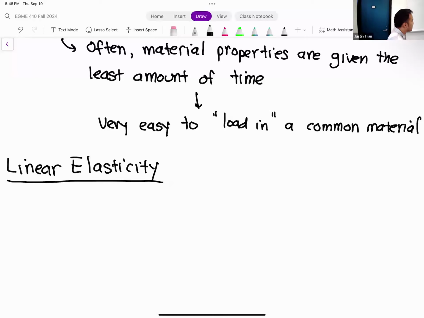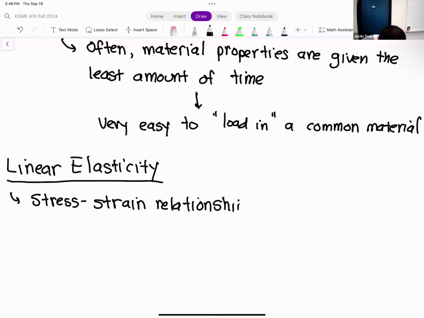So again, linear elasticity is the material model we're going to use most commonly in this class, just because it's the easiest. It requires the least amount of parameters. Okay. And so in linear elasticity, these are situations where the stress in the part is linearly related to the strain that's induced. Okay.